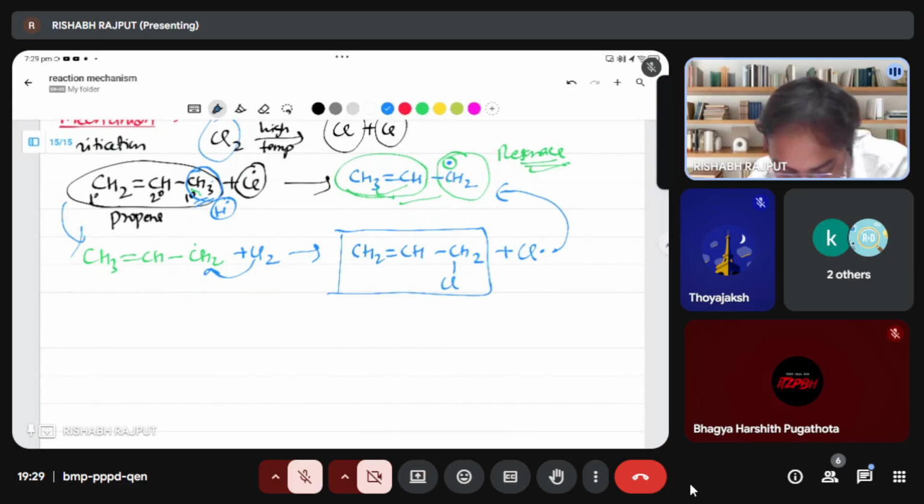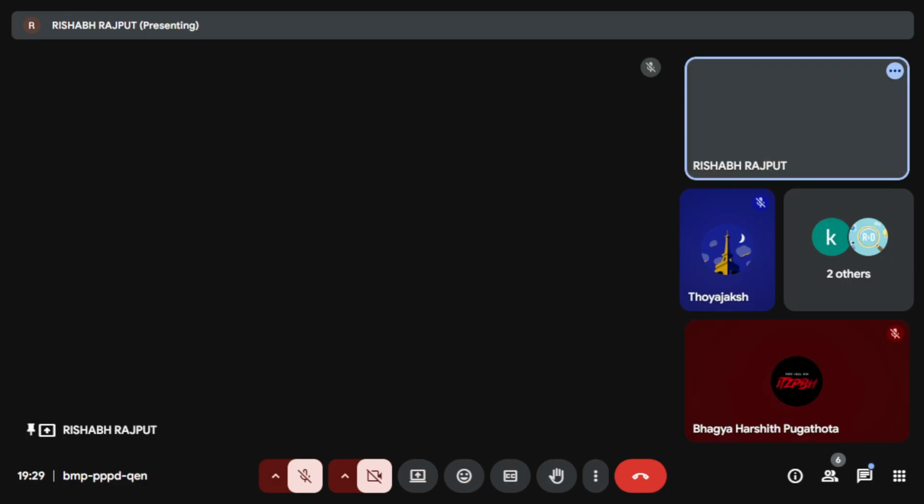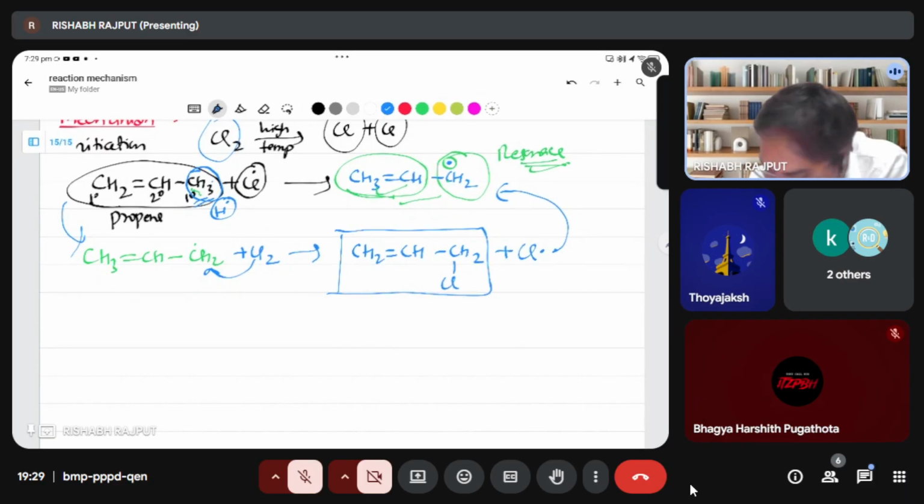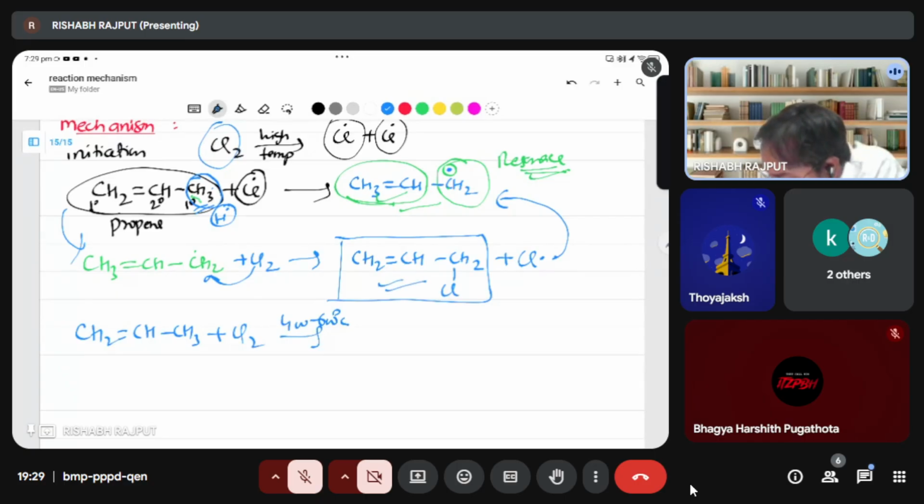That is the mechanism. And in the last, with Cl2 in the presence of 400 degrees Celsius, this compound you already get.